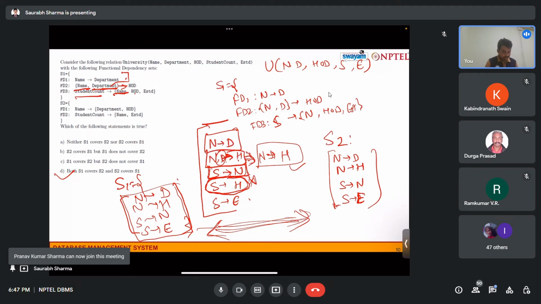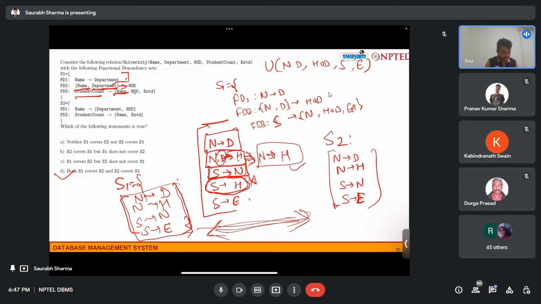Now, in the broad picture, we have only four statements: N determines D, N determines H, S determines N, and S determines C. And in S2, all four statements are there. So both are ending up with the same functional dependency sets, and both are covering each other. That is the statement I want to make.